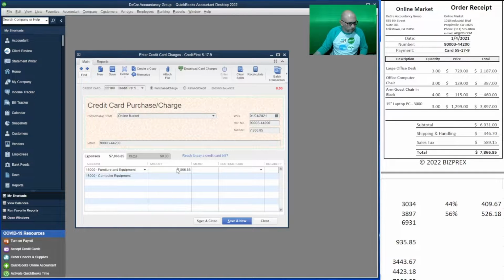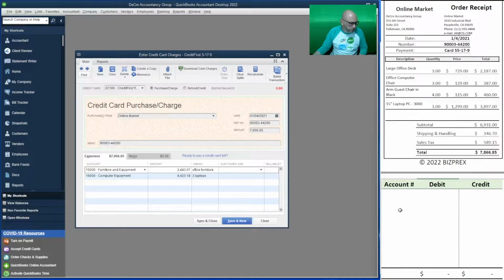So again, furniture and equipment would be $3,443.67. $4,423.18 goes to computer equipment. Here in the memo, we can write that we have 3 laptops, and then here we have office. Yeah. So these expenses are not associated with any job. These expenses are not billable. We can go ahead and book it.